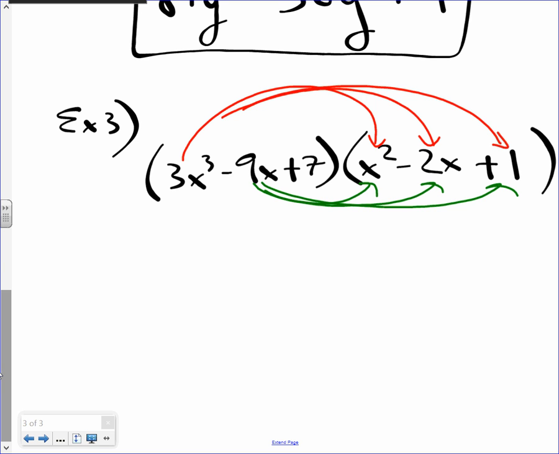And then the 7, I'll multiply by the x squared, by the negative 2x, and by the 1. So we're going to distribute 3 times. It's going to be crazy. Remember this, Munoz? Some of you should remember this from math 2. So it should be an easy lesson today, nothing crazy.